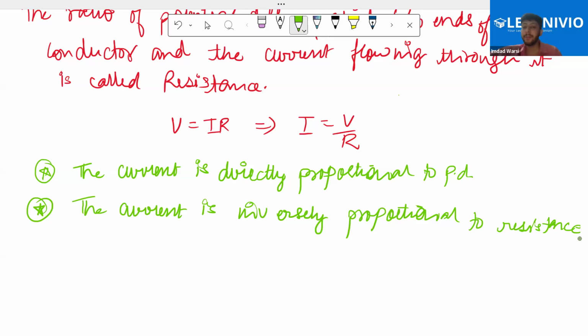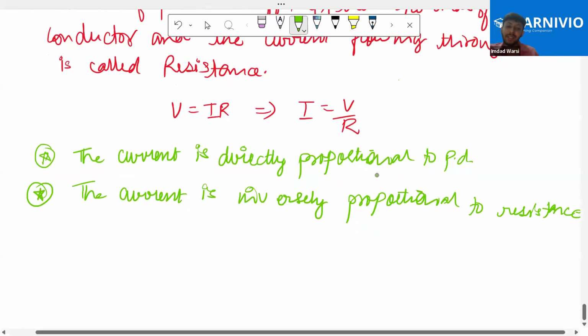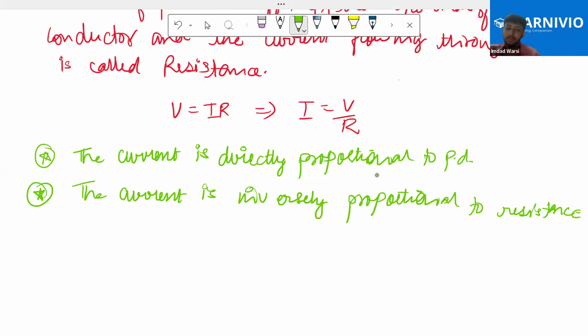And if I double the potential difference, what will be the change on the resistance? The resistance is constant. Okay, good. If I double the resistance now, what will be the effect on the current? It will be half. Yeah, very good.